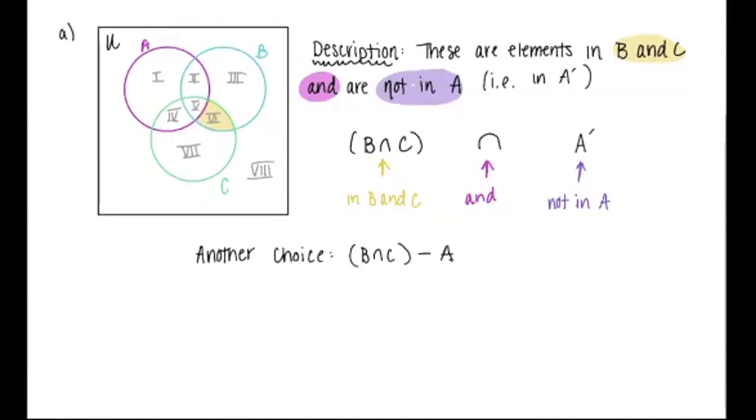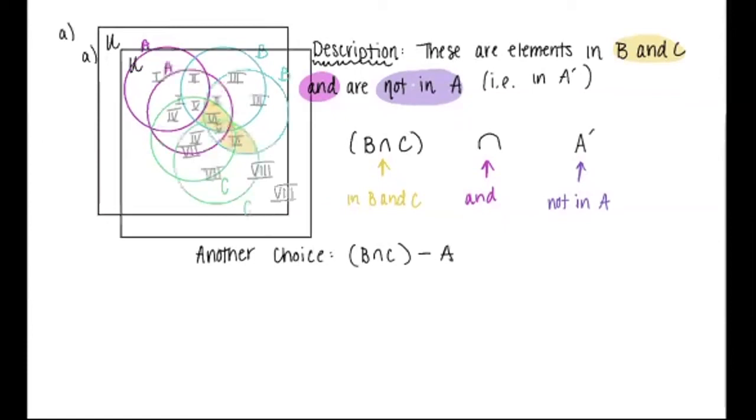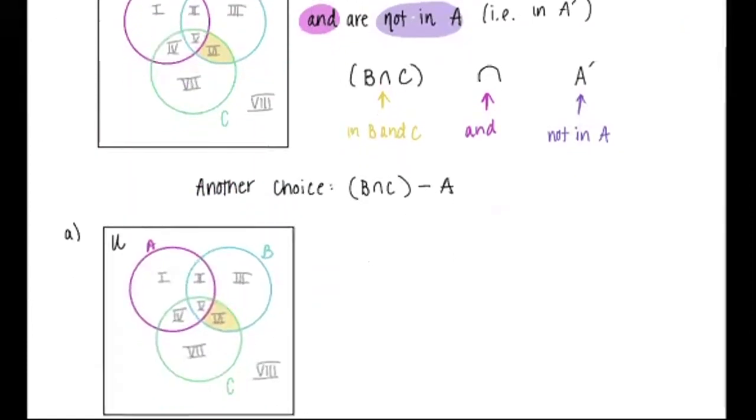So there's a lot of different ways you can go about these problems. Let's try a different one though to get more practice. Let's talk about region 1. And again, I'm going to write a description to try to translate that to a sentence first.